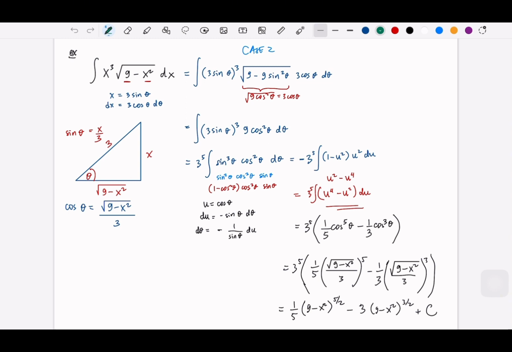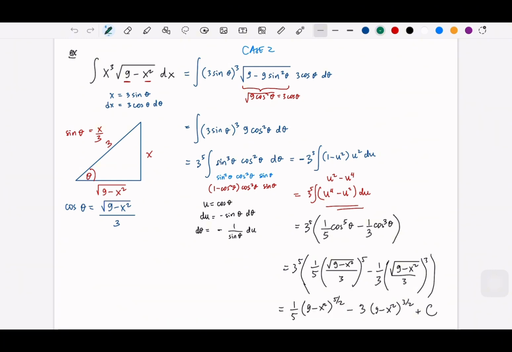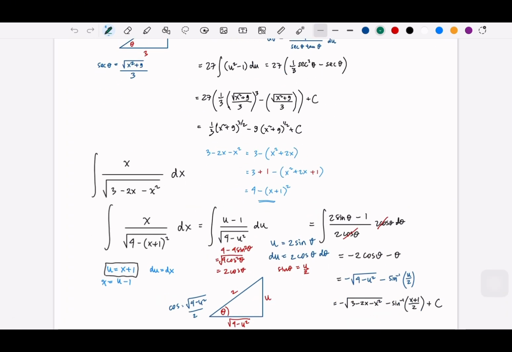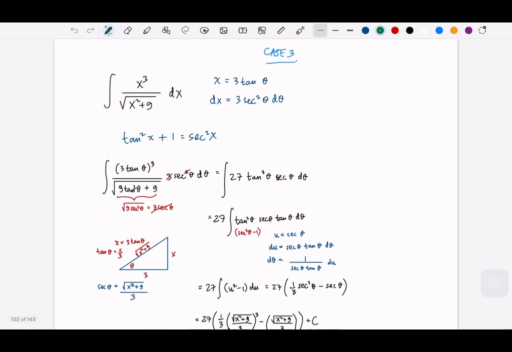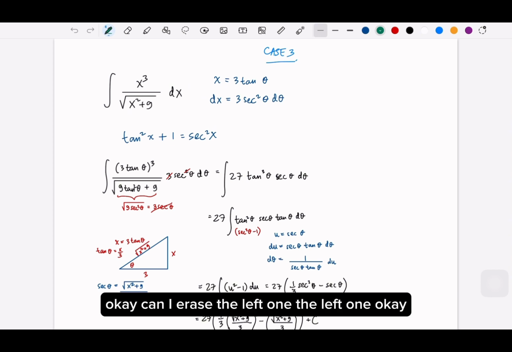Three. Okay, I think it should be okay, right? Okay, can I erase the left one? The left one, okay.